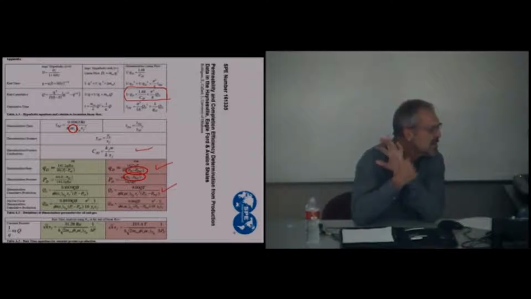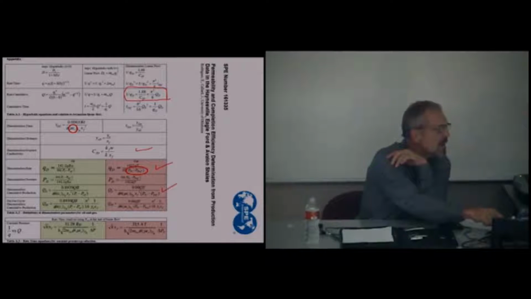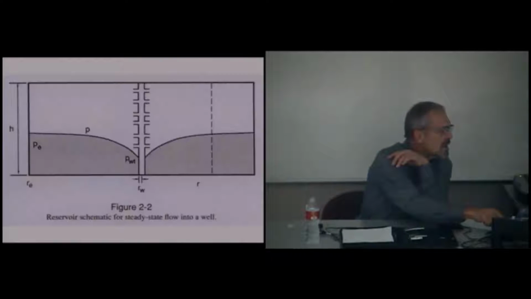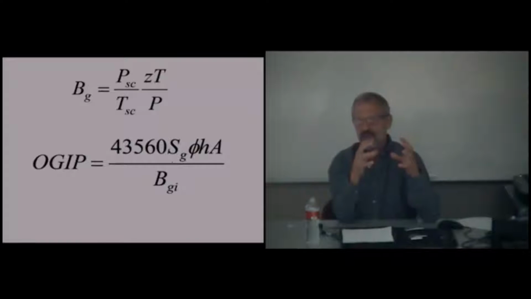Okay, but the reason I put this slide up here is that these are the kinds of things that we're going to be looking for. Instead of just looking for static problems, original gas in place is static, okay? Doesn't change. But what we're most interested in is dynamic problems.